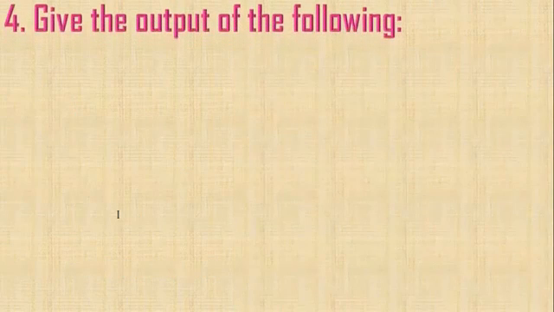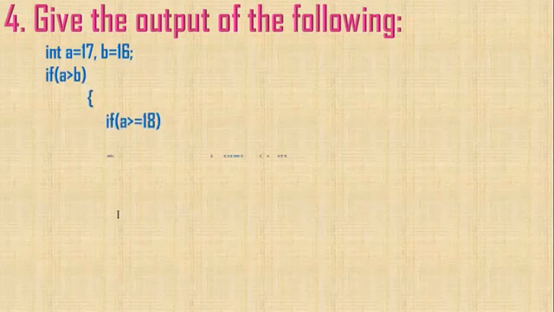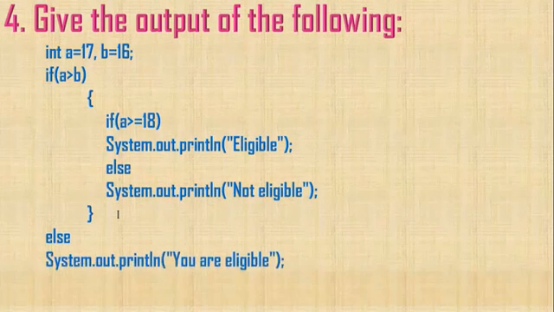Next question, give the output of the following. Here you can see nested if. Here now A is given as 17 and B is 16. It checks whether A is greater than B or not. So A is 17, it is greater than 16, it is true, so it moves inside the block of the code. Again it checks whether A is greater than or equal to 18.